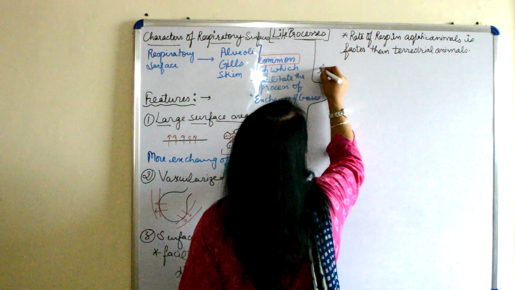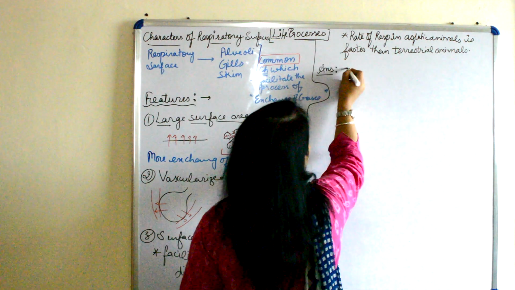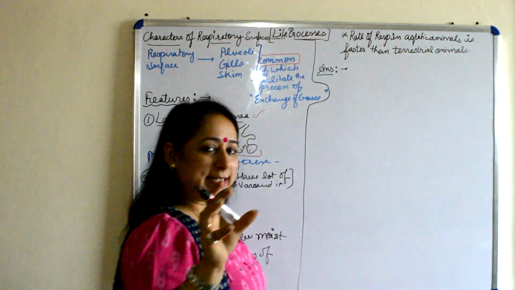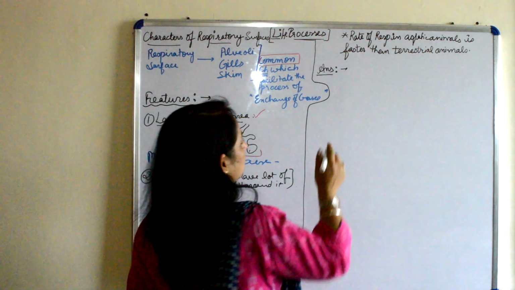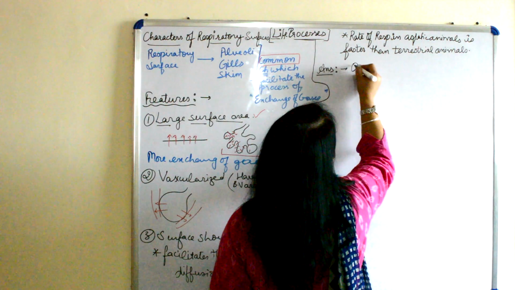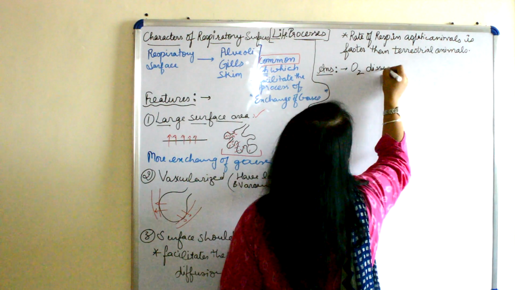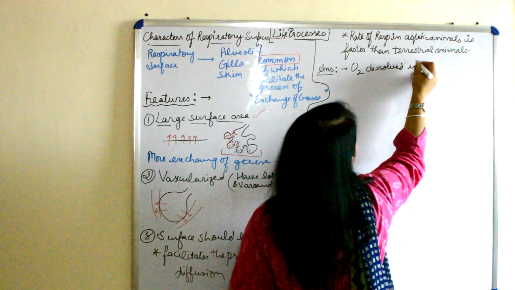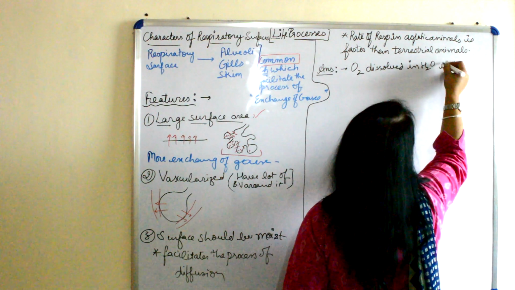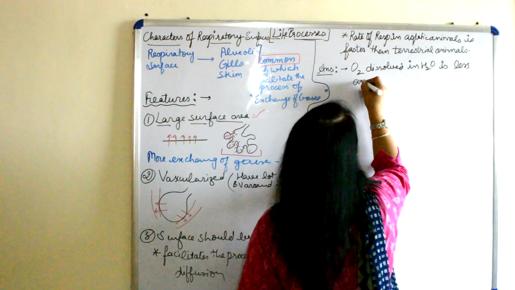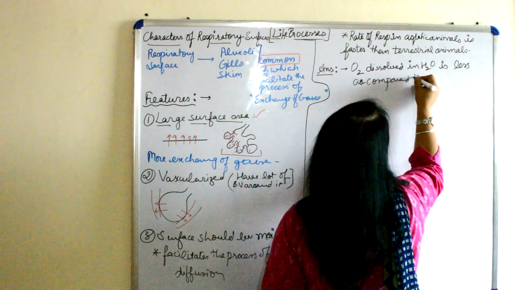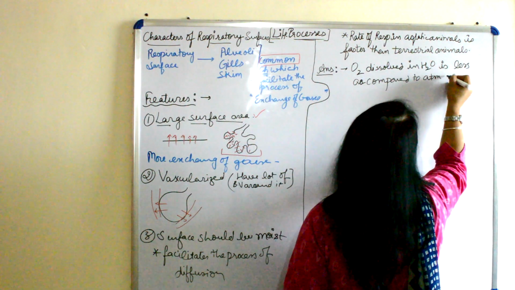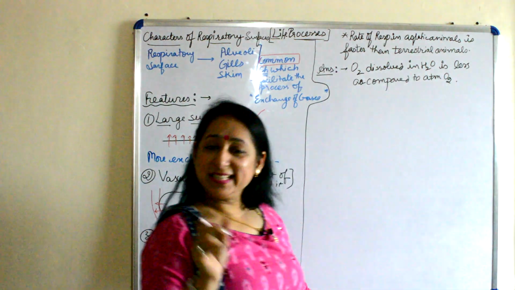I'll give you the reason first, then I'll tell you how it is, and then how to write your answer. The reason is that the oxygen dissolved in water is less as compared to atmospheric oxygen. So this is the main reason.